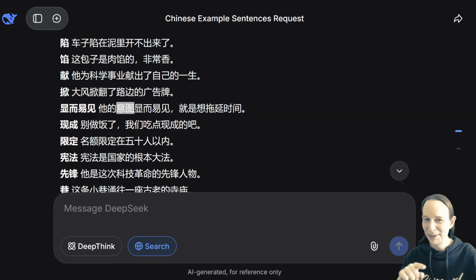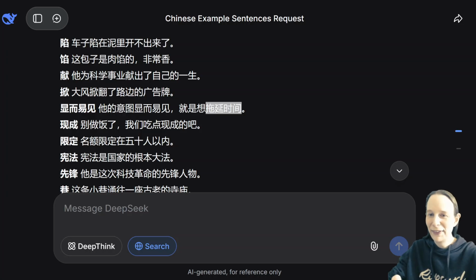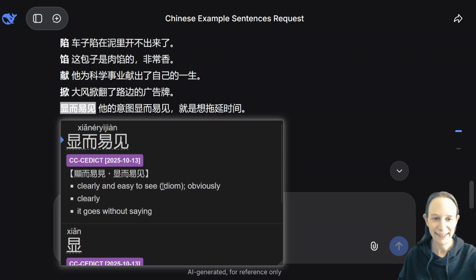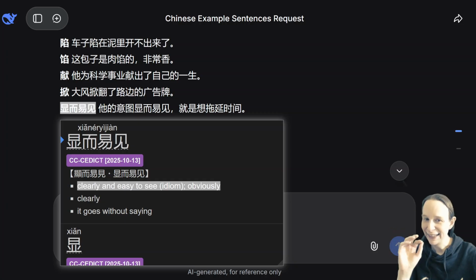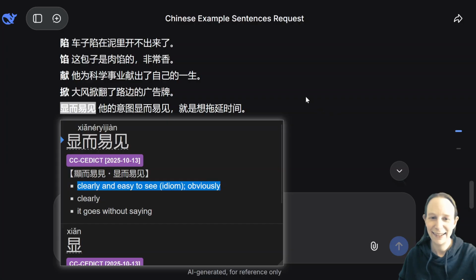Makes me feel a little suspicious of what his intentions are. 就是想拖延时间, so he's playing for time. I'm not sure if that's a good thing or a bad thing. Maybe it's a bad thing, but it depends on whose side you're on. 显而易见, obvious. But it usually doesn't describe things that are easy to see, but more like reasoning that's easy to see and understand.